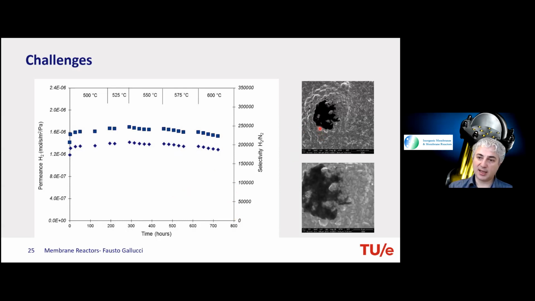This is due to the fact that we work at high temperature, the palladium becomes more mobile, and we also have the fluidized bed. So this is a big challenge, but of course, we are doing research, so we like big challenges because they become research questions.